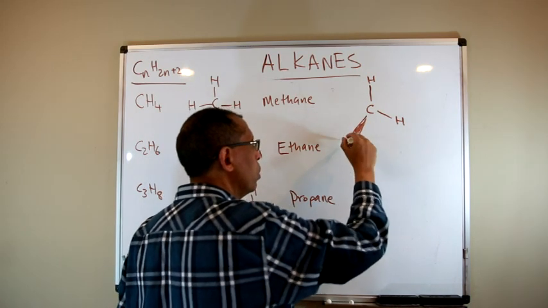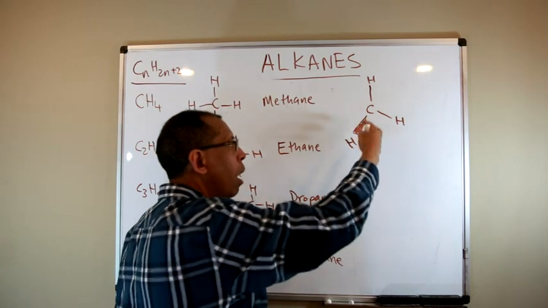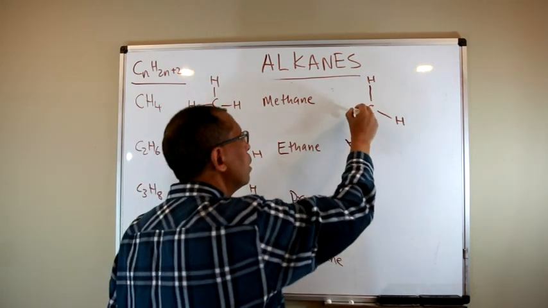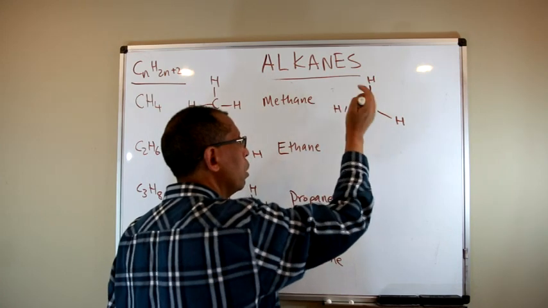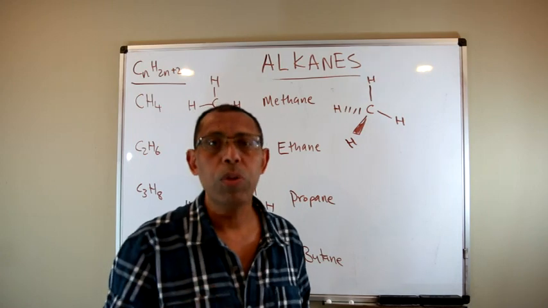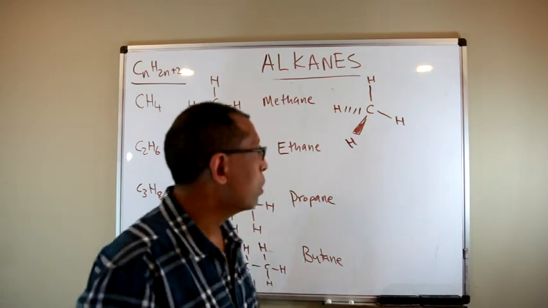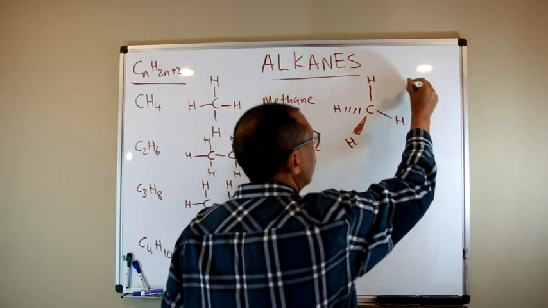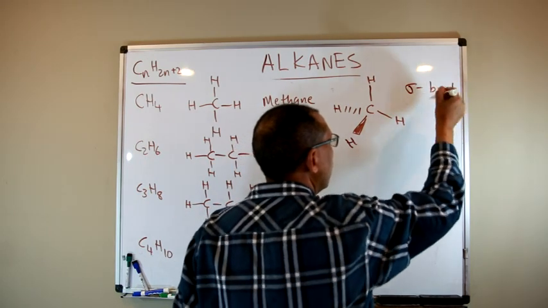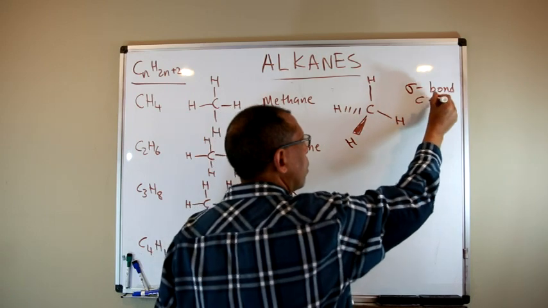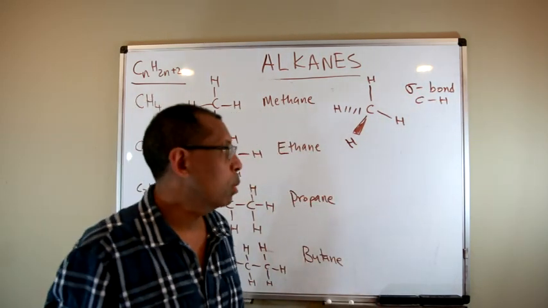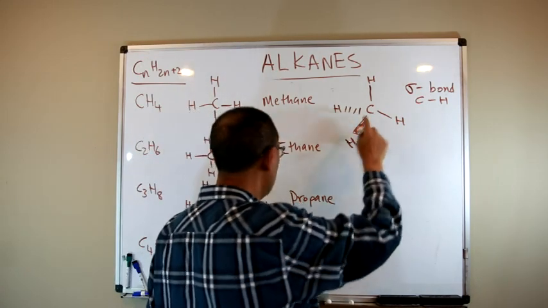This wedge shows the hydrogen coming out of the board, and this hydrogen is going into the board. So this is the fundamental structure for almost all of the alkanes. You have to remember that the carbon-hydrogen bond is a sigma bond.